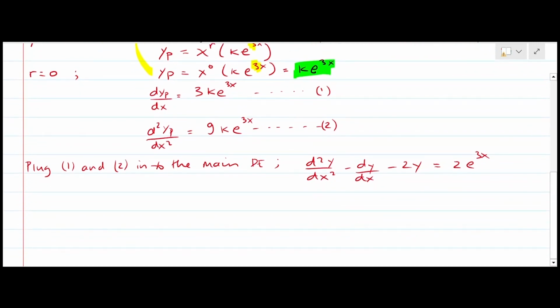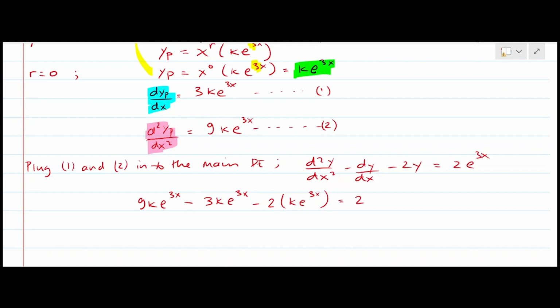Let me highlight a couple of things. For the second derivative we use 9k e to the power of 3x, minus dy/dx which is 3k e to the power of 3x, minus 2y, where y itself is yp, which is k e to the power of 3x in brackets.